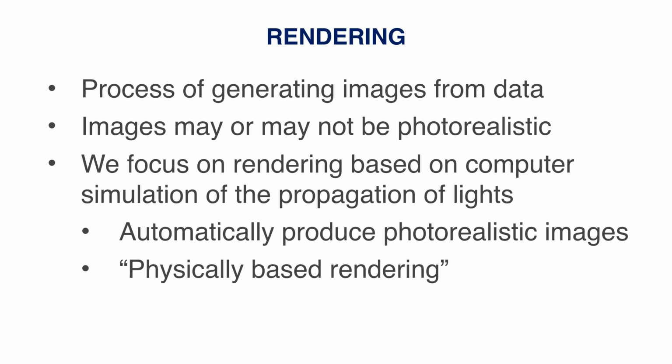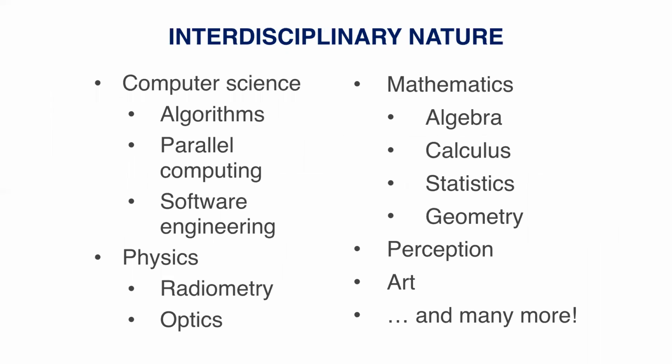Because it's going to simulate the physics of light, it's going to be automatically photorealistic. And it is sometimes called physically based rendering in computer graphics. This topic is really interdisciplinary by nature because it involves computer science, of course, but it also involves the physics of light.